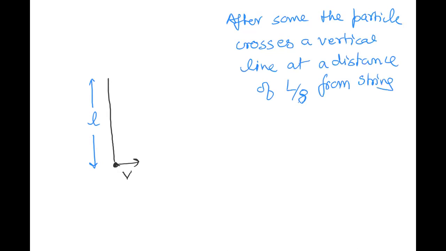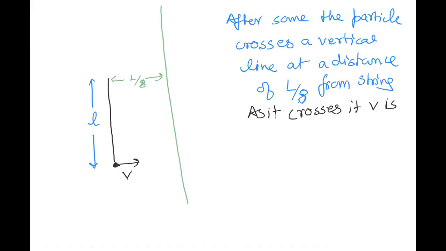So basically it crosses this vertical line where this distance is L by 8. So as it crosses, its velocity is found to be horizontal. Find V.